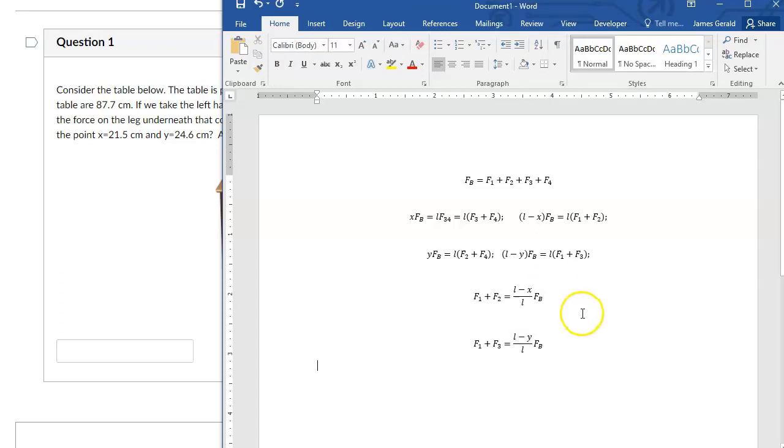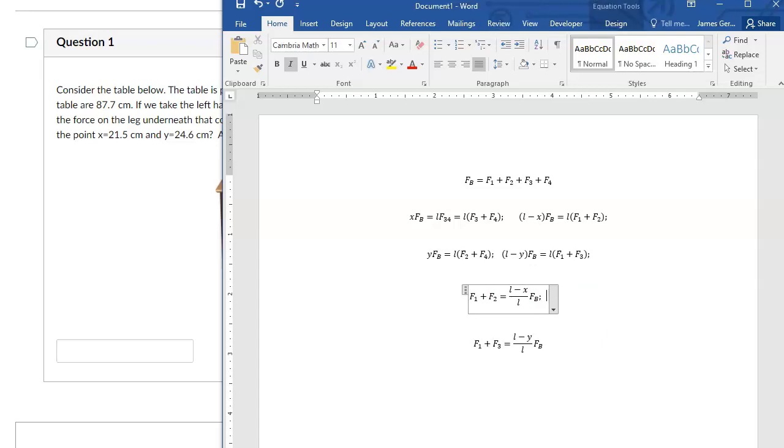Okay, cool. And I'm going to go ahead and put in the other equations here. F3 plus F4 is X over L FB.